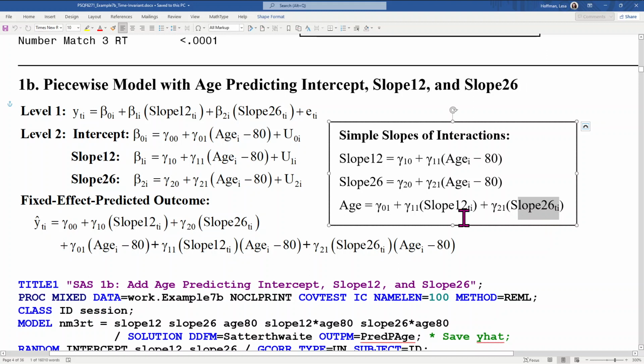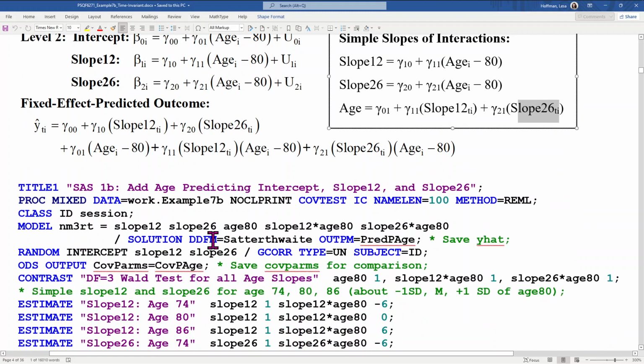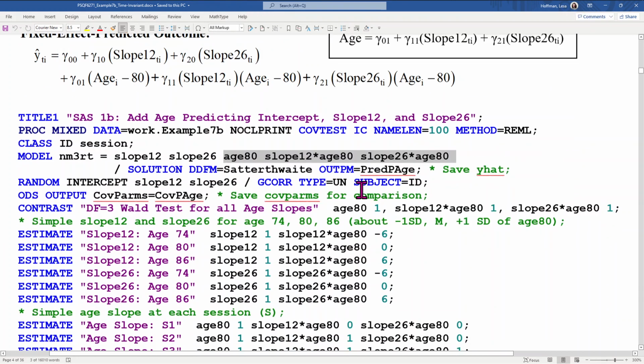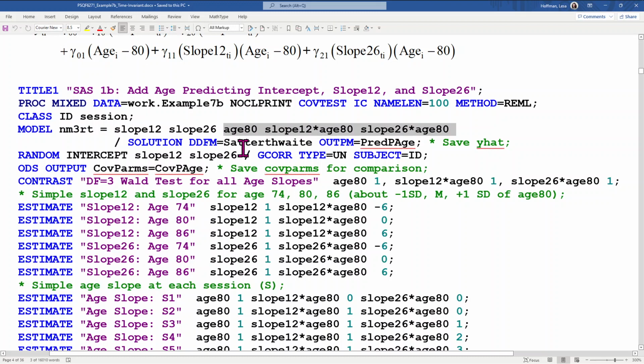So what are the values for that occasion for these two variables? That's what goes in here. In terms of adding our three new slopes, they get added to the fixed effect portion of the model. So here it is in SAS, for instance. Also in SAS, I have asked for a custom F-test using contrast.